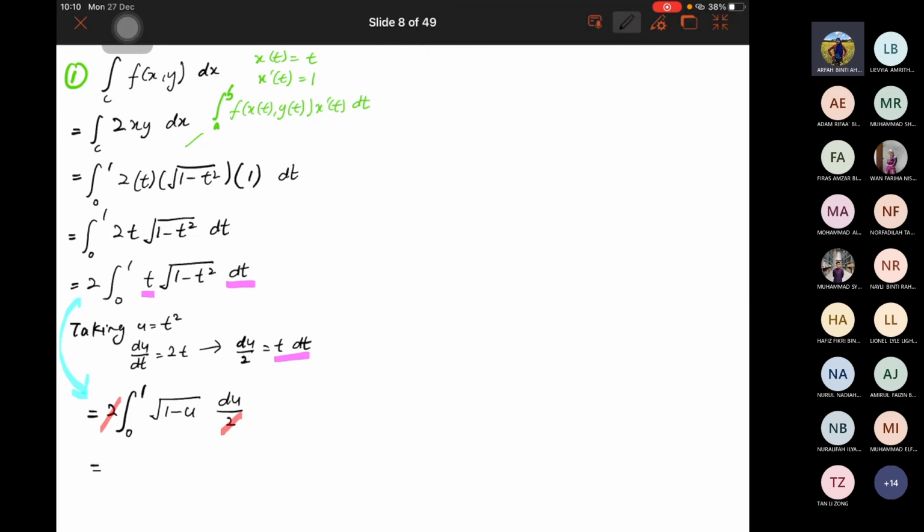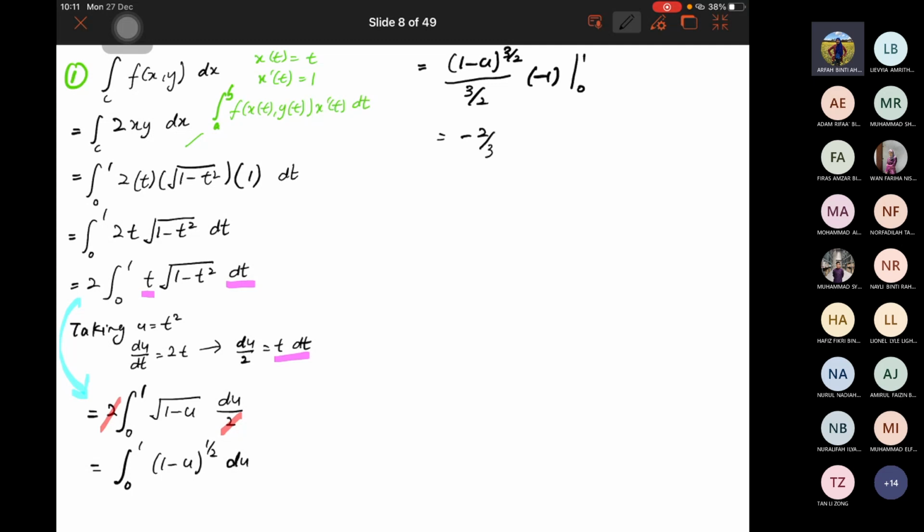It will become integration 0 to 1 1 tolak u kuasa 1 per 2 du. So dia akan sama dengan 1 tolak u kuasa 3 per 2 negatif 1 from 0 to 1.